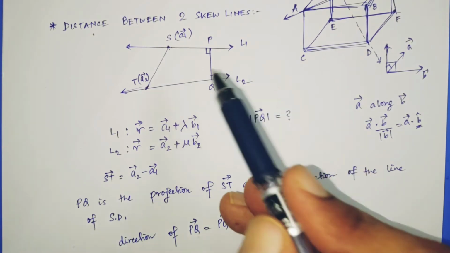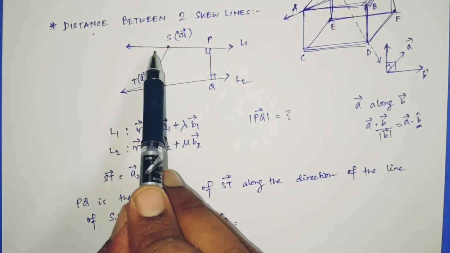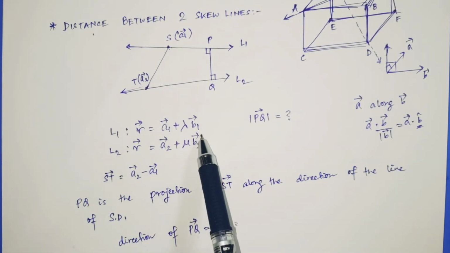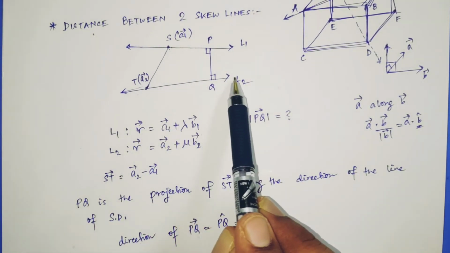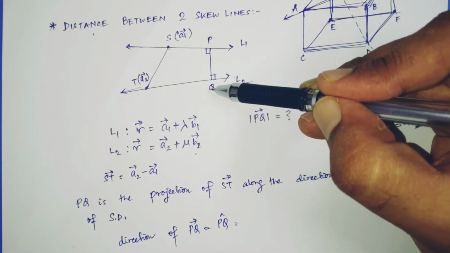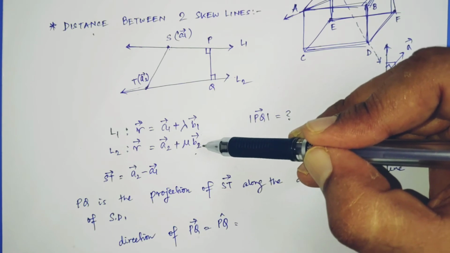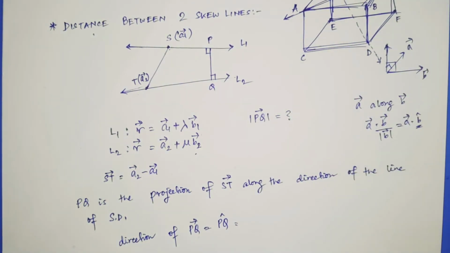So here we see line L1 and line L2. What is the parallel vector along line L1? It is B1 vector. What is the parallel vector along line L2? That is B2 vector. So we are finding the direction of PQ which is perpendicular to both B1 and B2. Understood? Perpendicular to L1 means perpendicular to B1, and perpendicular to L2 means perpendicular to B2.